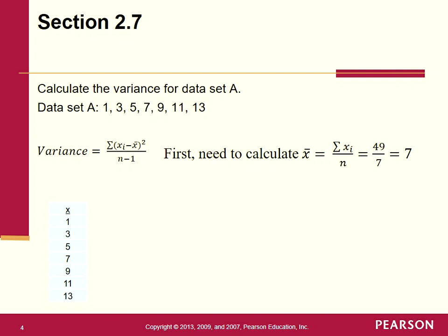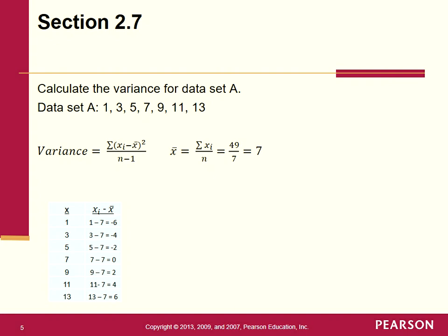So those are our x1, x2, x3, x4, through x7, because we have 7 of those. Okay, and what's the very first thing that we have to do? We have to take each one of those and subtract off x bar. So I'm just going to make another column, call it xi minus x bar.